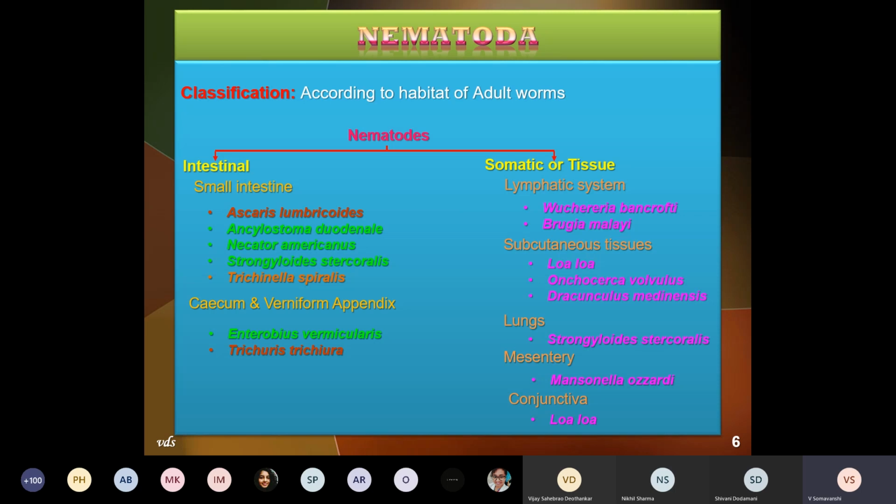Whereas the rest of the parasites which we are going to study in the second part are non-bile stained egg producing parasites. All of them are intestinal nematodes. Just for our convenience, we have classified them on the bile stain property of the eggs. So Ascaris lumbricoides, Trichinella spiralis, and Trichuris trichiura are the three worms we are going to study today.